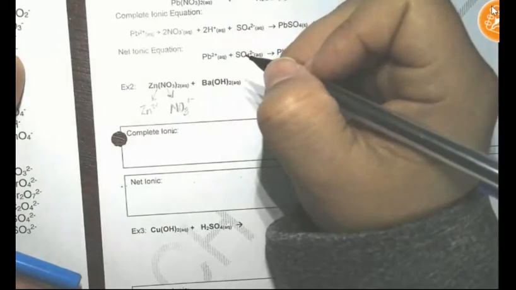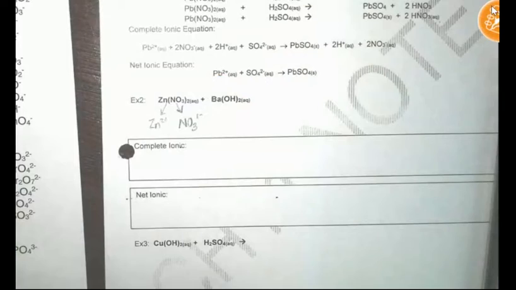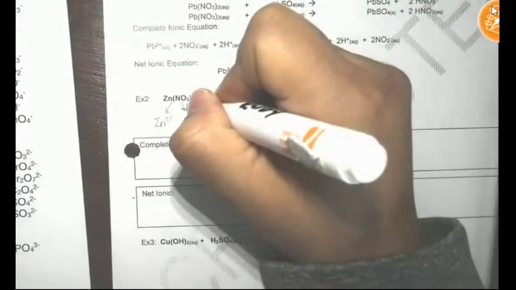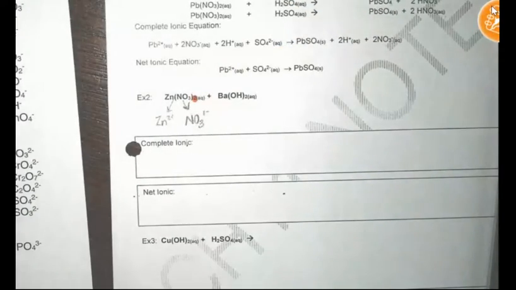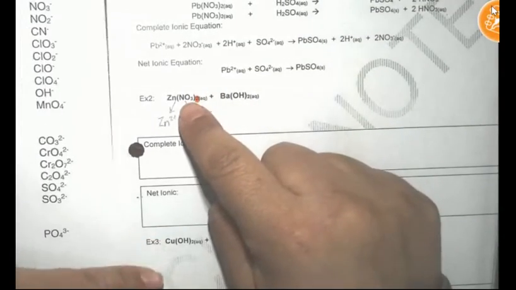NO3 1-. All right? And there's a 2 here, and I'm just going to highlight that so that I can see how that's going to affect my reaction. Not yet, but that's important because it's not a part of the ion.